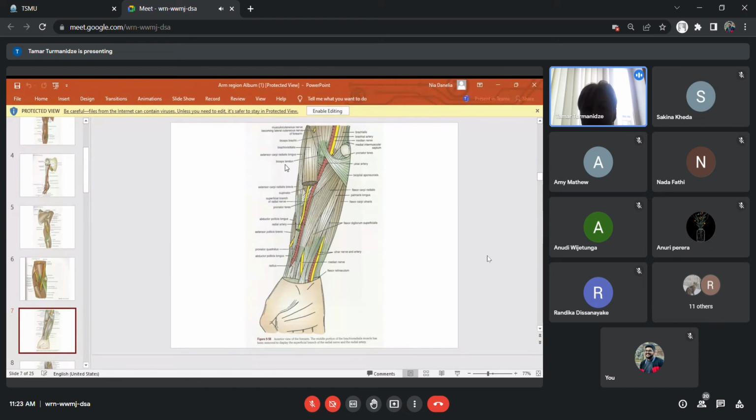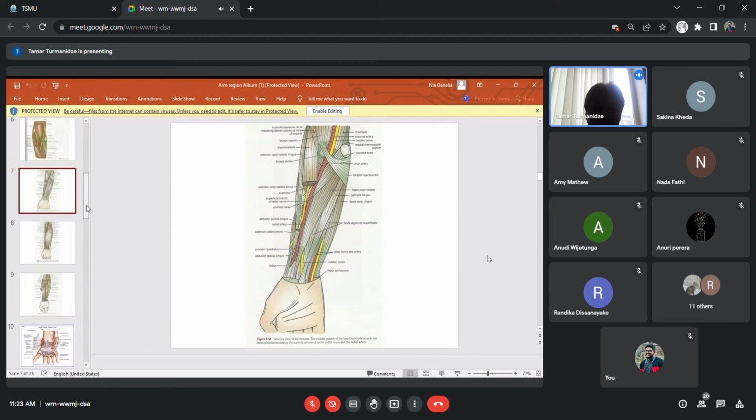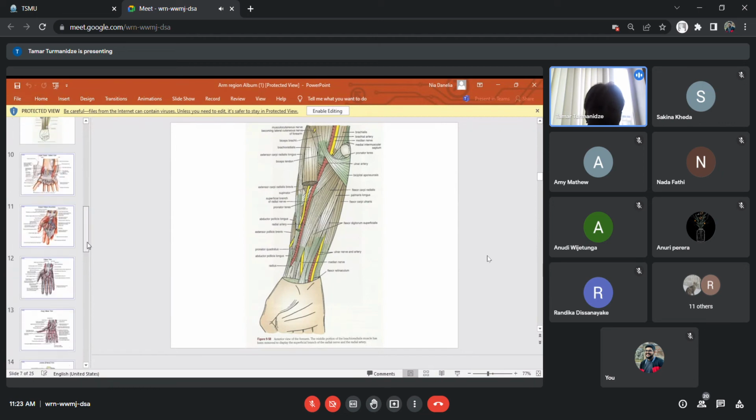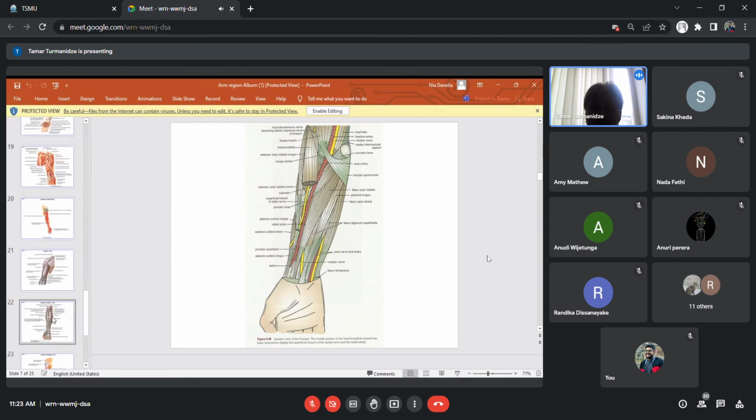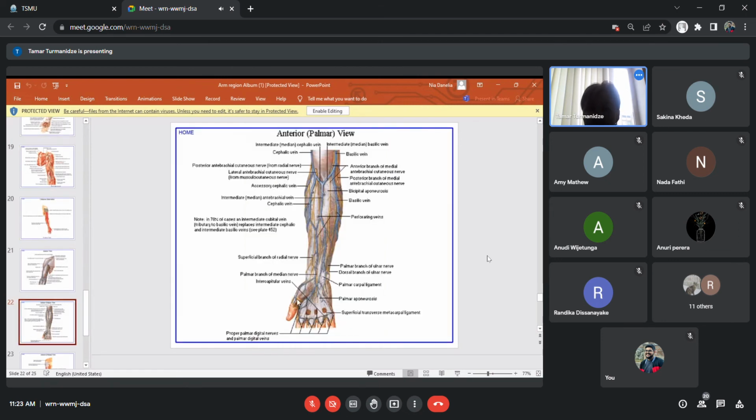The superficial layers of the forearm region are skin, subcutaneous fat tissue, and superficial fascia. In the superficial layers, on the lateral side, we have the cephalic vein, and on the medial side, the basilic vein.